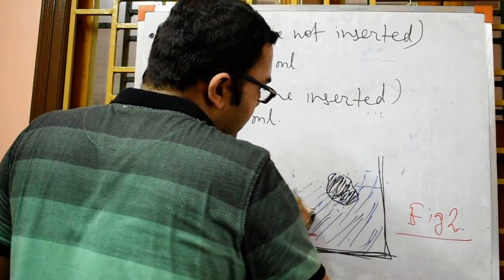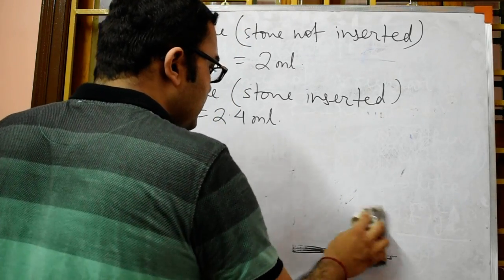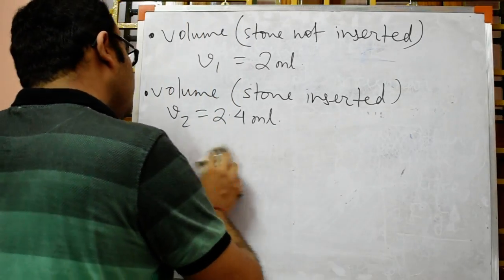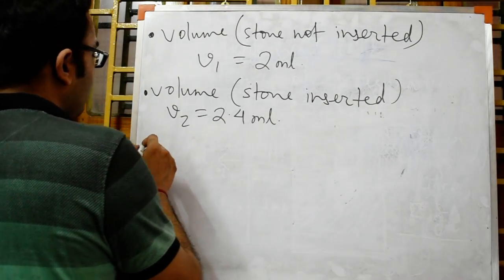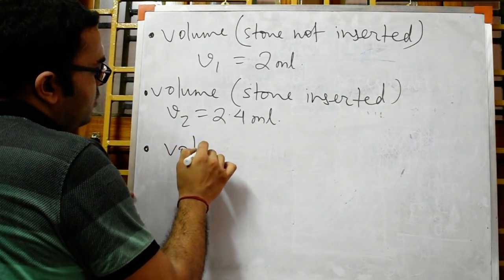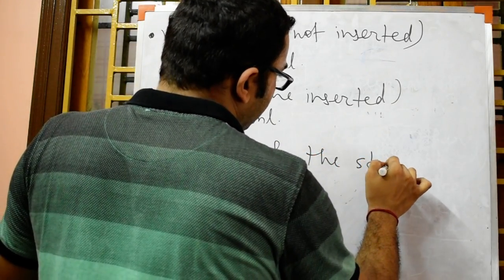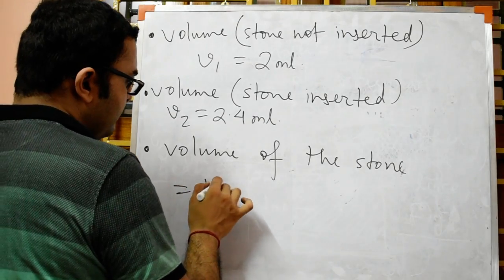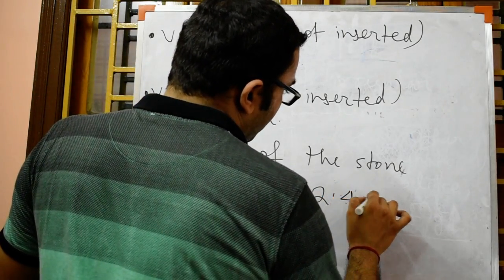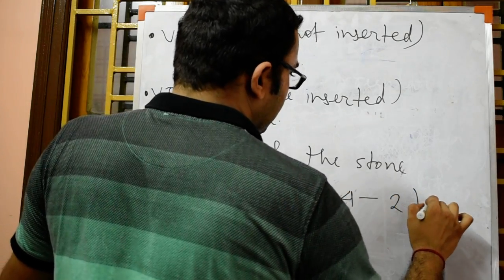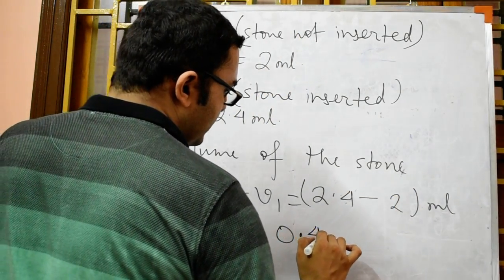Now we can come to the mathematical calculations. How can you find the volume of the stone? The third step is, volume of the stone is given by the difference V2 minus V1, so it will be 2.4 minus 2 ml, which equals 0.4 ml.